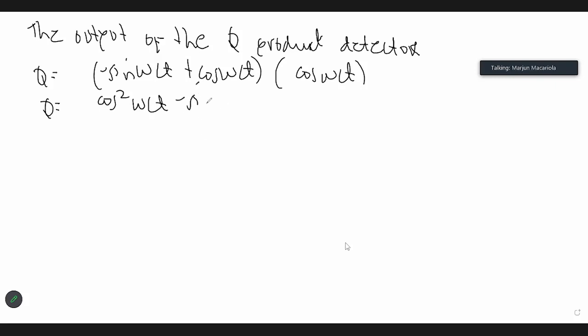minus sine omega ct cosine omega ct. Okay?